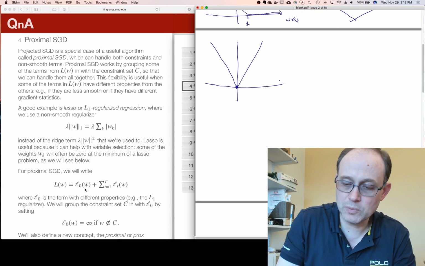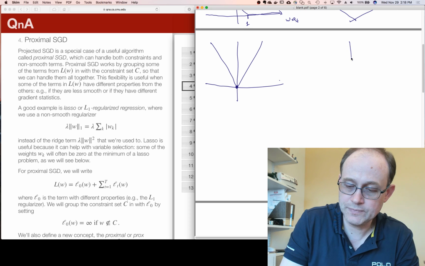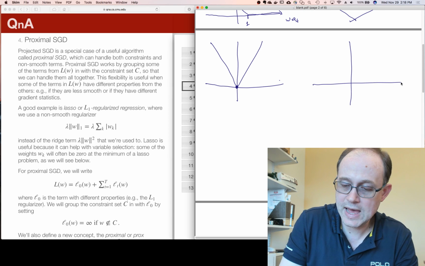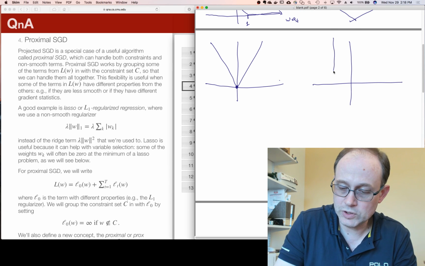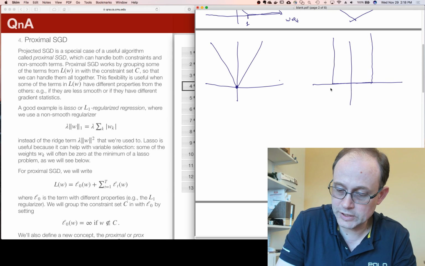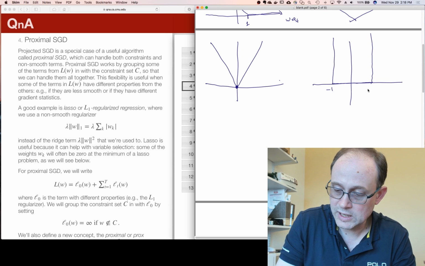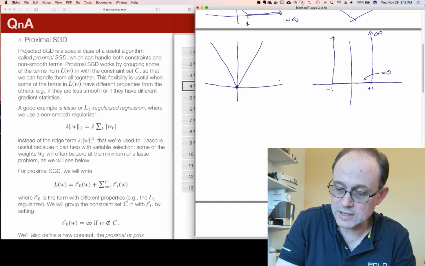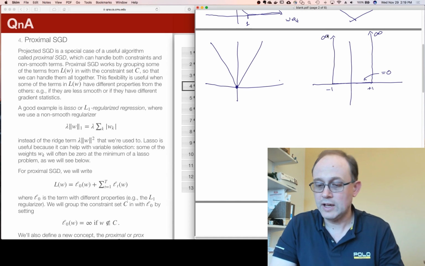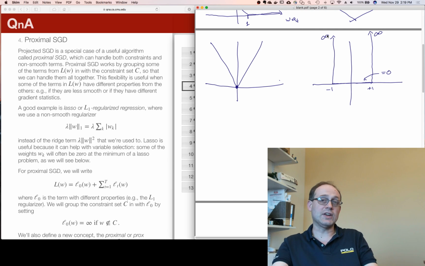So how can we incorporate a constraint into a loss function? If we have a loss function which looks like this, where the loss between -1 and +1 is equal to 0, and then it goes up to infinity immediately when you cross either of those, well, that's equivalent to having a constraint.